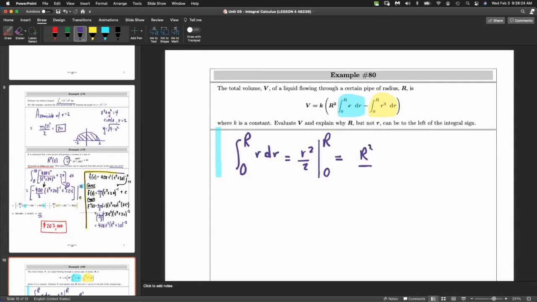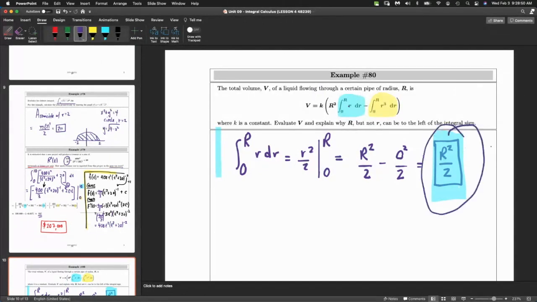So you get R squared over 2 minus 0 squared over 2, which gives R squared over 2. So to conclude, the first integral, the blue one, is R squared over 2. So we're almost halfway done with the question.